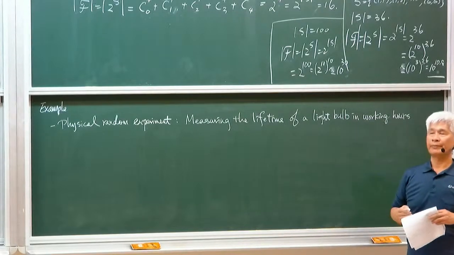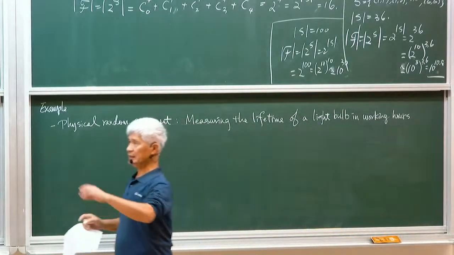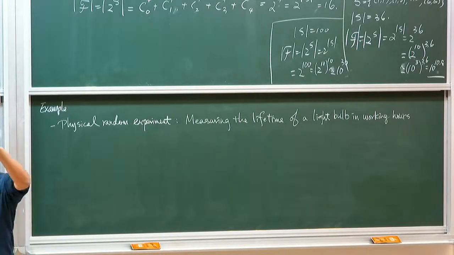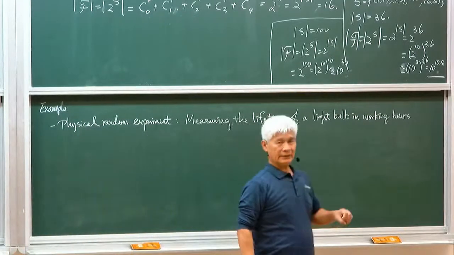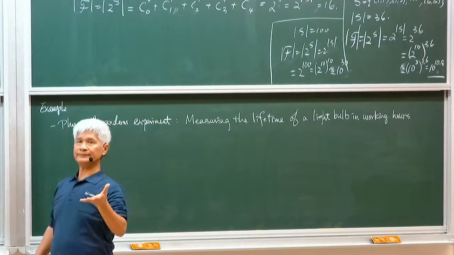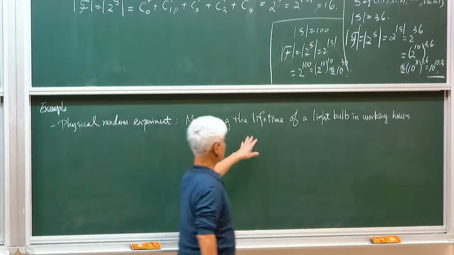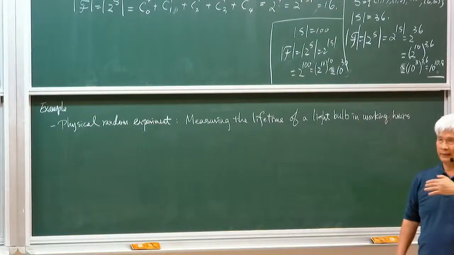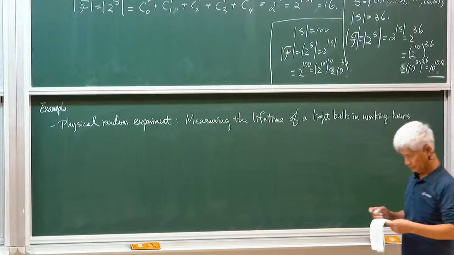So when you do this random experiment, you pick up a light bulb from a factory, and then you put it onto a circuit and turn the light bulb on. And you measure the lifetime until the light bulb burns out.